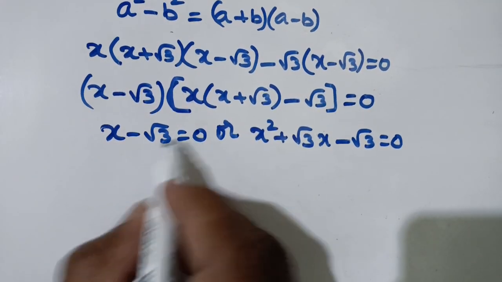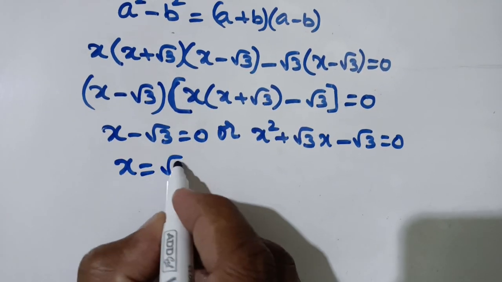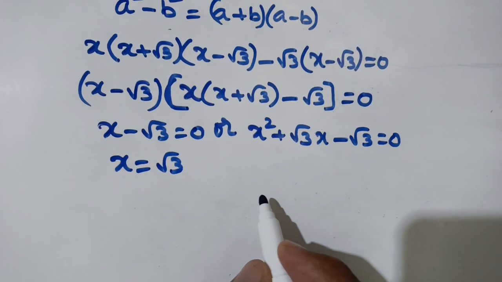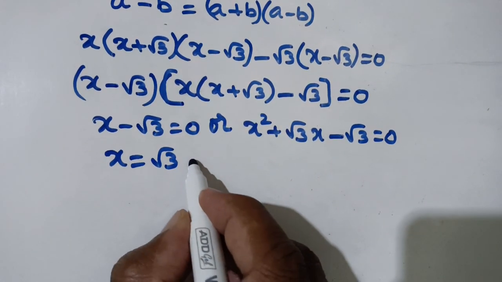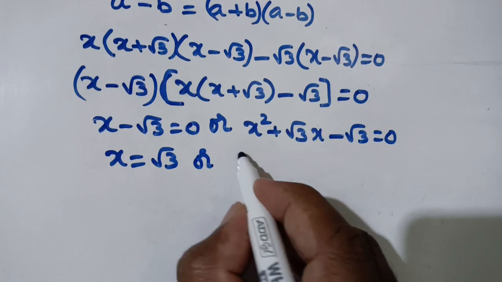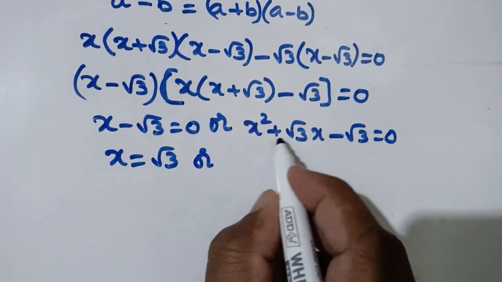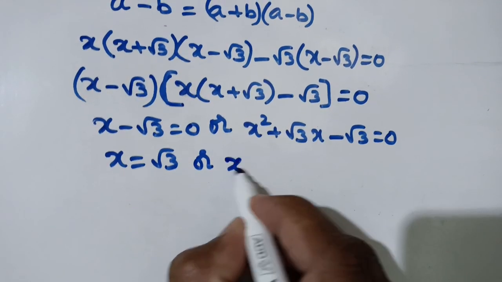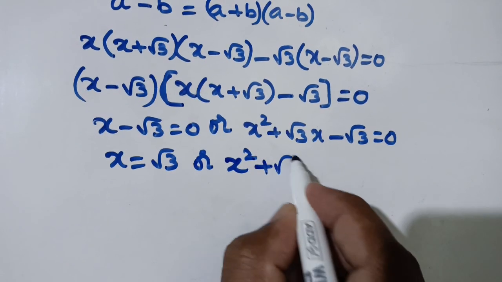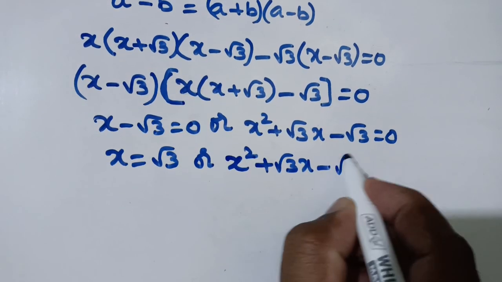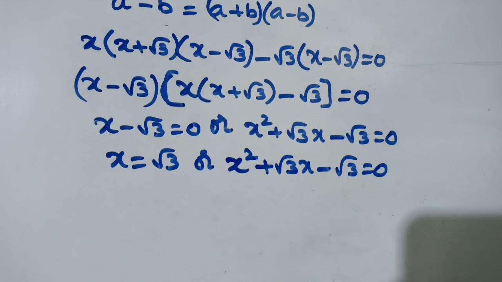So if x minus root 3 is equal to 0, then x is equal to root 3. So one solution I have here. Or this other factor can also be equal to 0, that is x square plus root 3x minus root 3 is equal to 0.